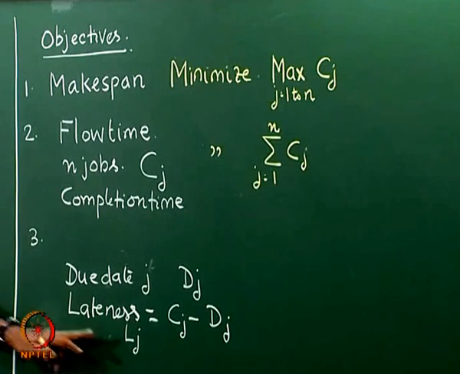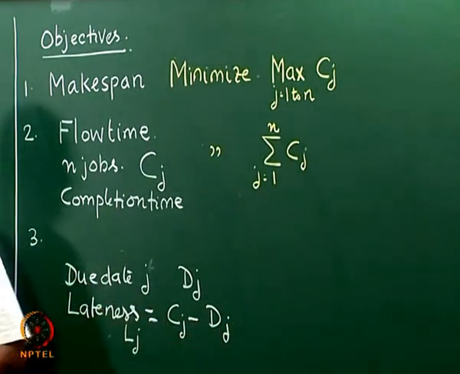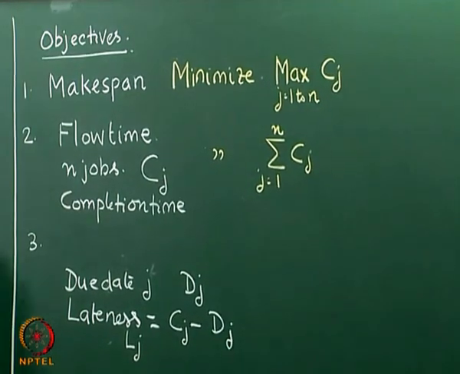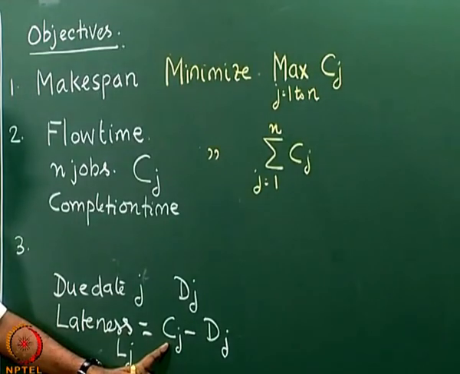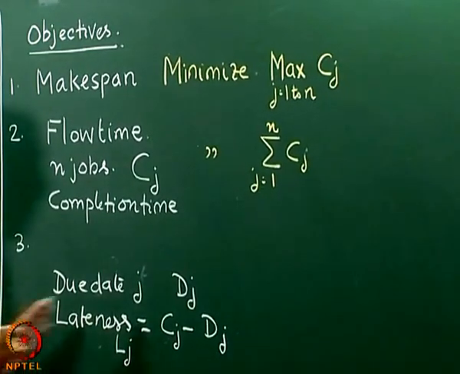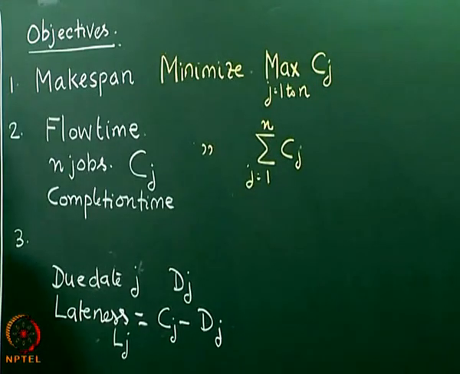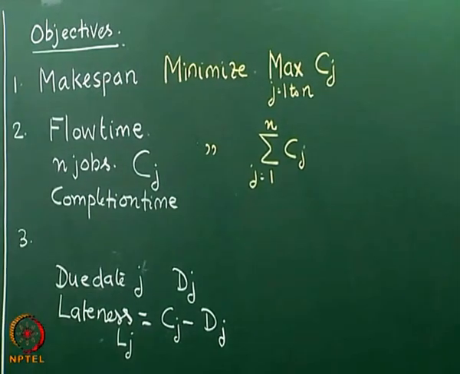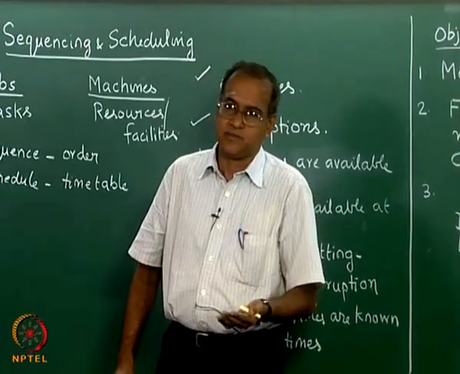Lj becomes positive when Cj is greater than Dj, which means there is actually a delay. If a job is completed before the time it is due, then Cj minus Dj becomes negative and it is early.